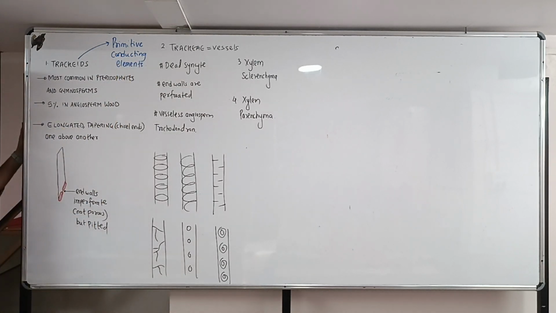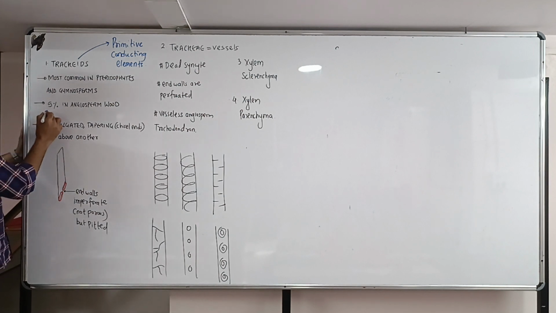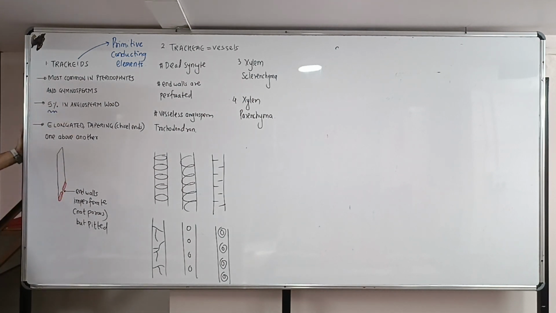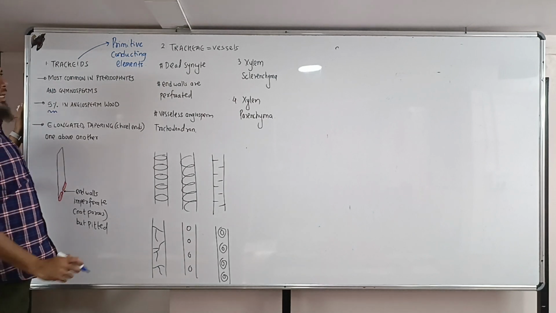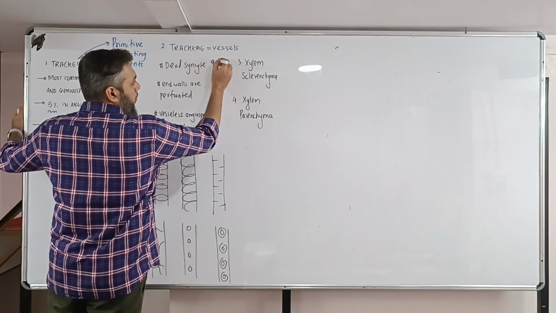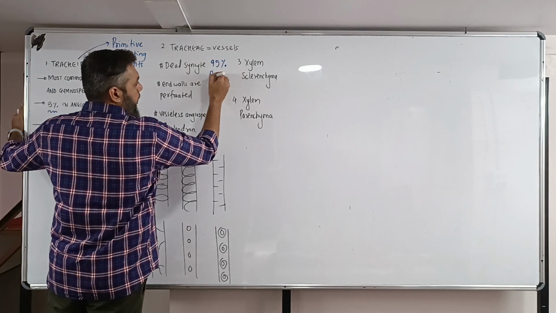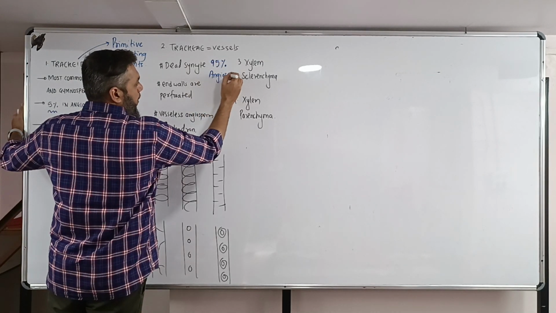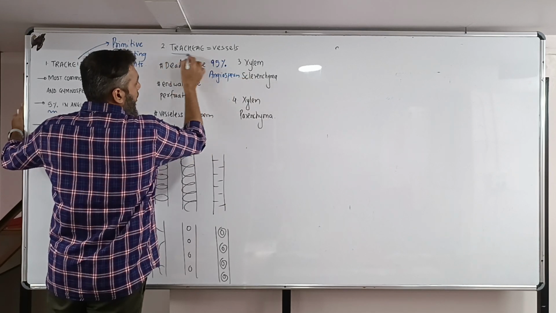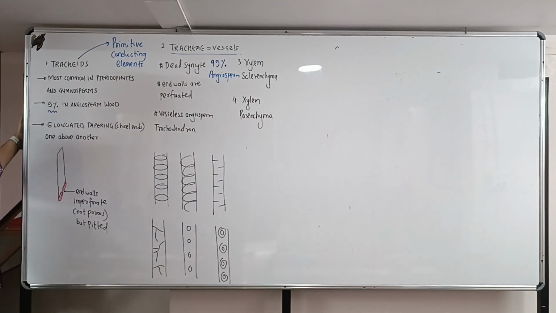And in angiosperms, their percentage is very less. Only 5% of angiospermic wood is tracheids, because 95% of angiospermic wood is tracheae or the vessels.